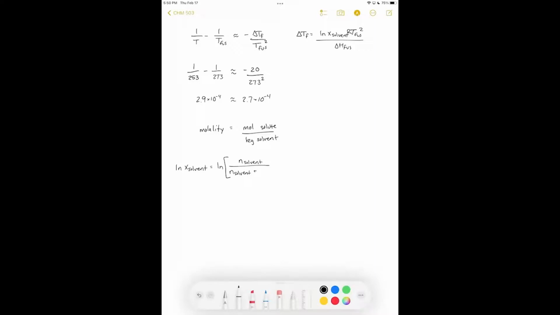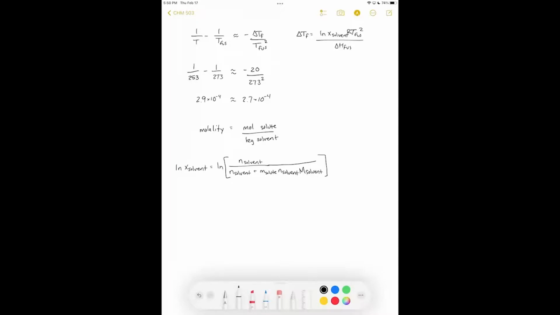And we can define the number of moles of solute as the molality, lowercase m here, of the solute times the number of moles of solvent times the molar mass of the solvent.